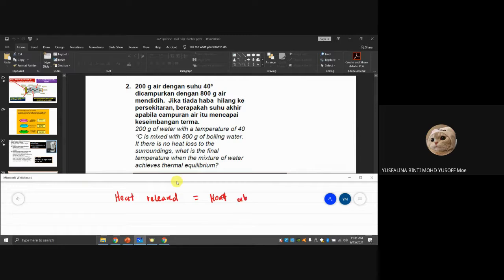What does it mean? The heat released by the boiling water is actually equal to the heat absorbed by the 40 degrees Celsius water. So the 100 degrees Celsius water gives energy to the 40 degrees Celsius water, and the amount of heat is the same. Is there anything you want to ask until this one? How I get the equation, heat released equals heat absorbed?